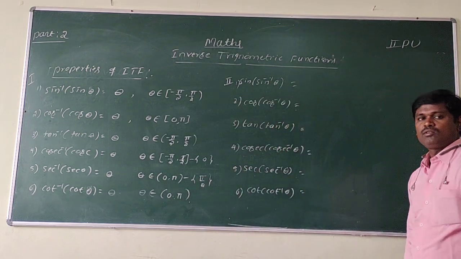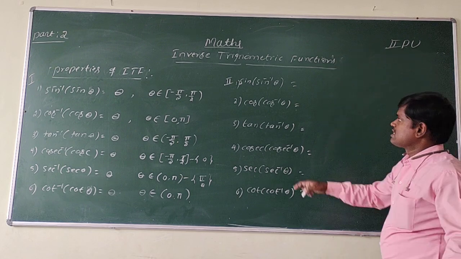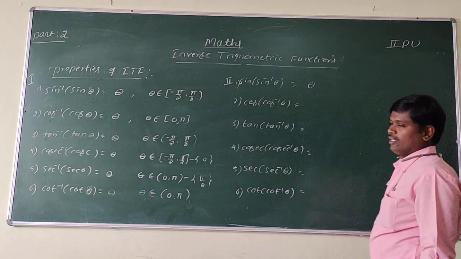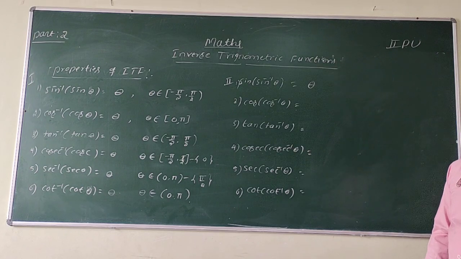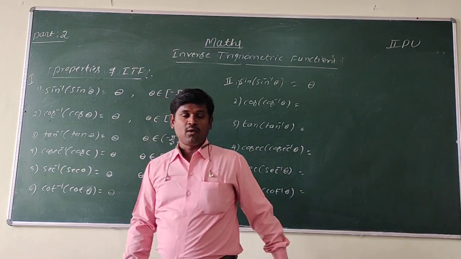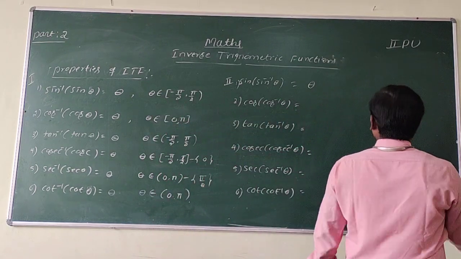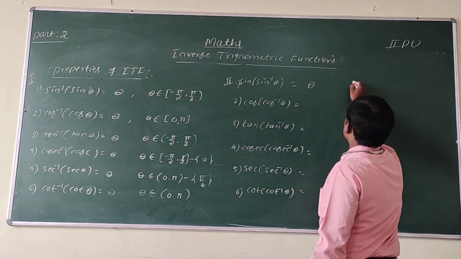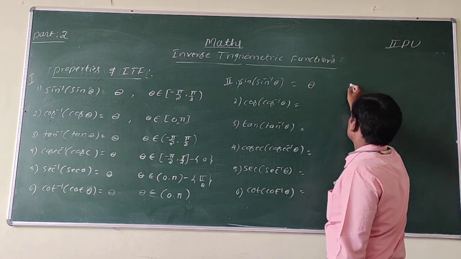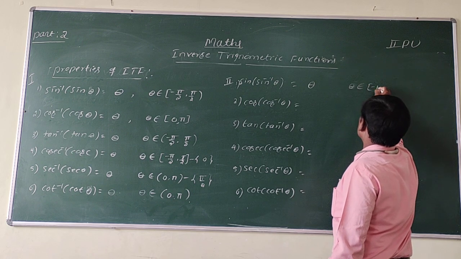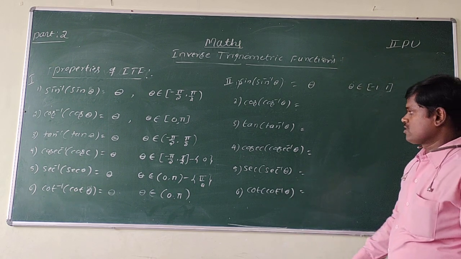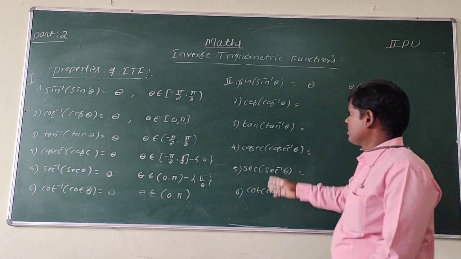So these values also get nullified. That is, sin of sin inverse theta can be written as theta if theta lies between the values of -1 and 1. So that is theta, or it is better to take x also. Theta belongs to -1 to 1. Okay. So first we have to write this one, and next we come to this.